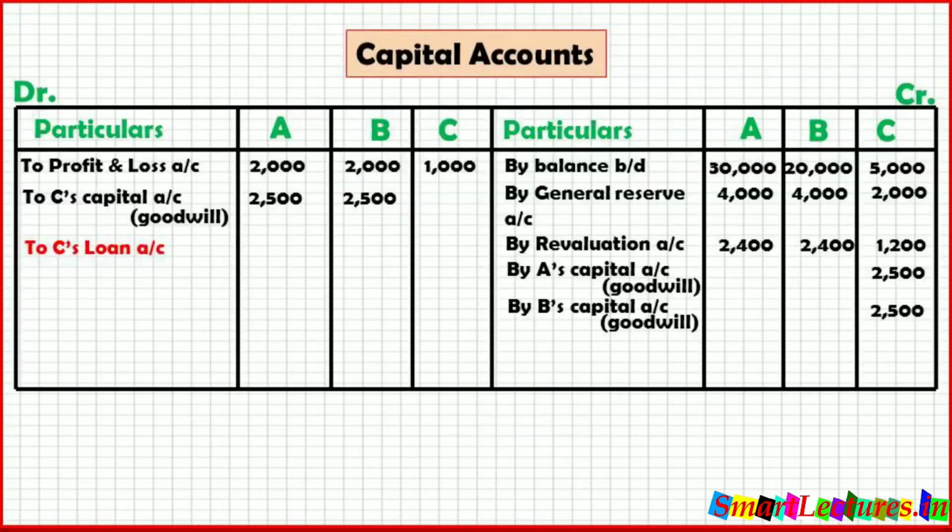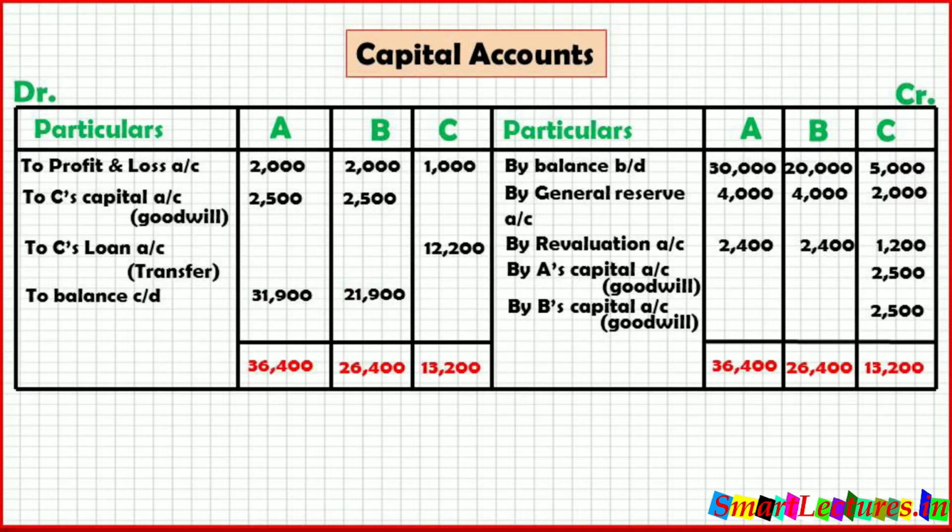So write down to C's loan account, and in the inner column you can write down transfer and write down 12,200 in C's column. Now to balance CD, 31,900 for A, 21,900 for B, and the total on both sides 36,400, 26,400, 13,200. In this way we have completed capital accounts.